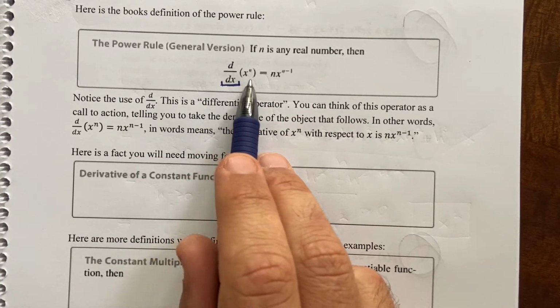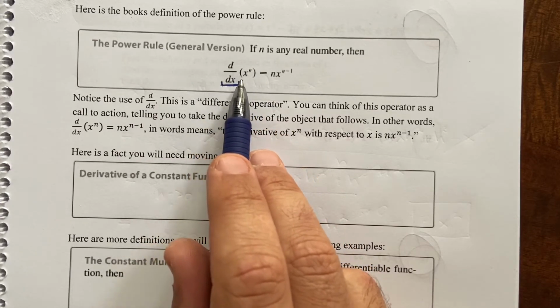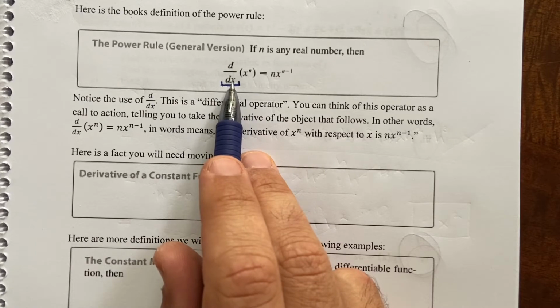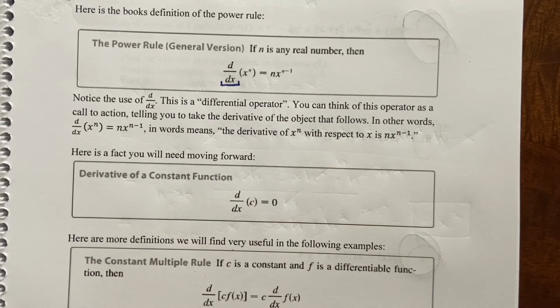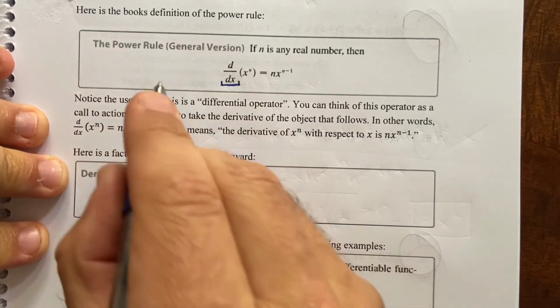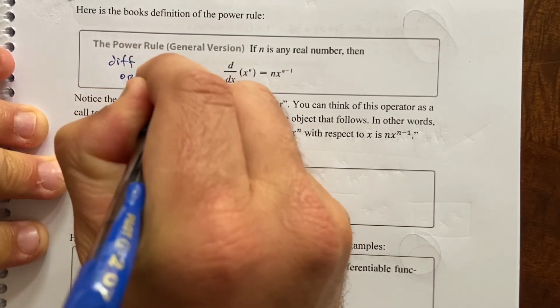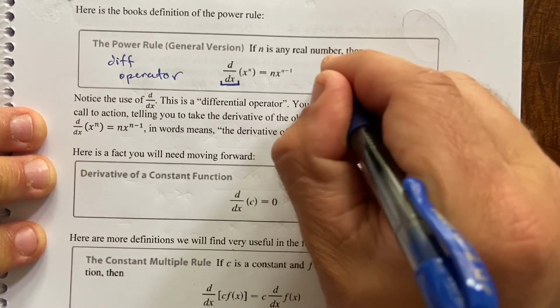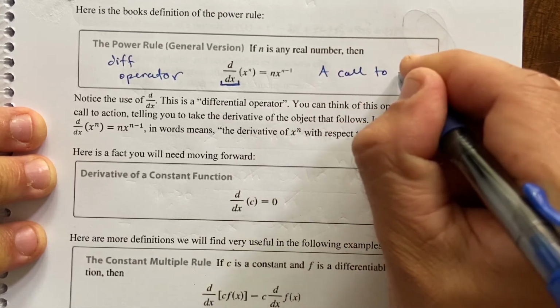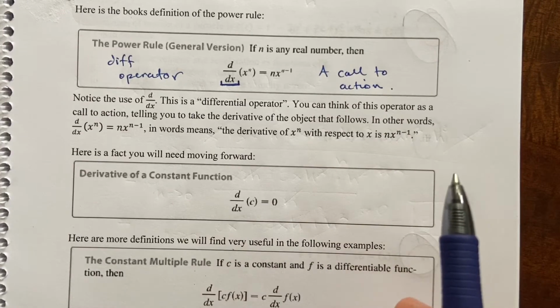This is basically math's way of saying, I'm taking the derivative of x to the n with respect to x, and this is the result. So this is called a differential operator. It's like a call to action, basically, and this action happens to be the derivative.